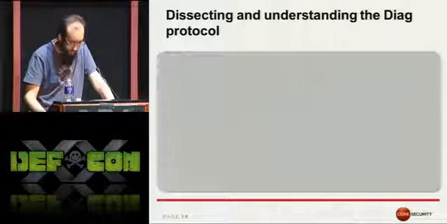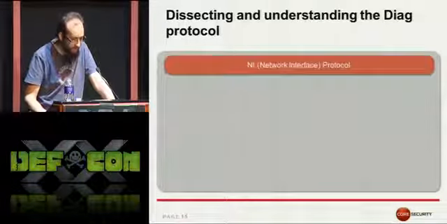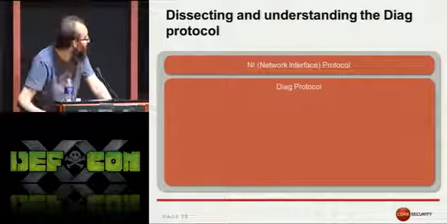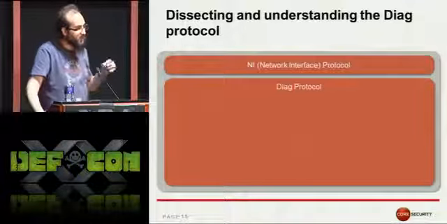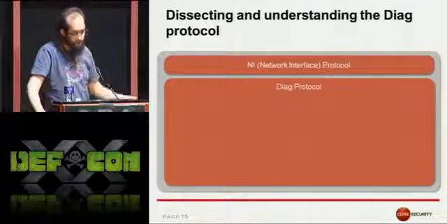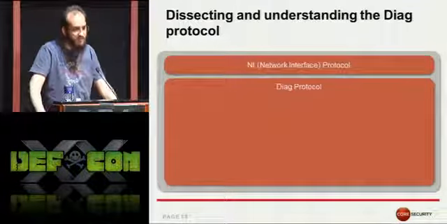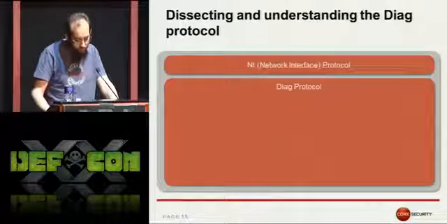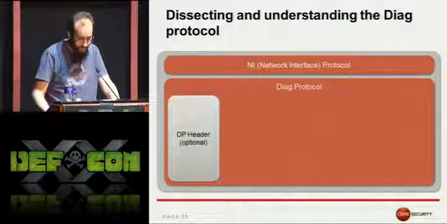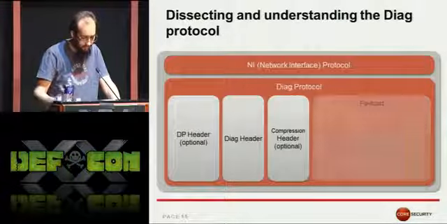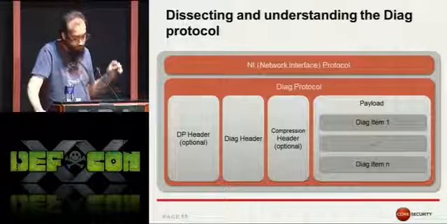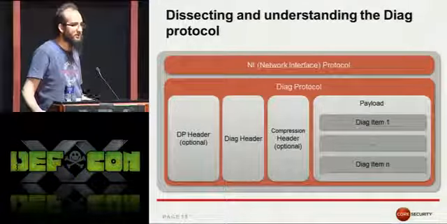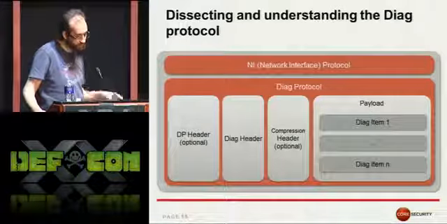So let's see what a regular Diag packet looks like. First is the network interface protocol, which is only a 4 byte header that contains the length of the remaining payload. And the Diag protocol is composed of different headers and the payload itself. There's one header that is optional and only used during the initialization, which is the DP header.